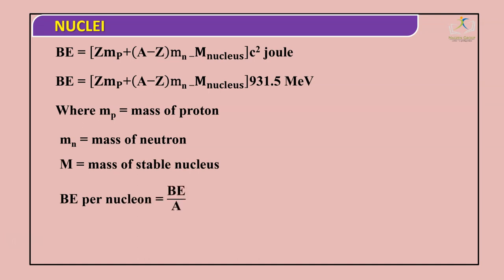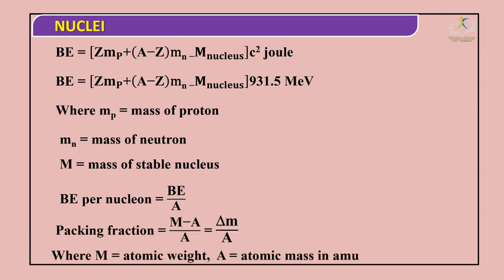The binding energy per nucleon is the binding energy divided by A. Packing fraction: previously that was an important topic, but right now packing fraction questions are not coming. It is simply delta m by A, where A is the atomic weight, which means the rate of change of atomic weight with respect to atomic mass in AMU.